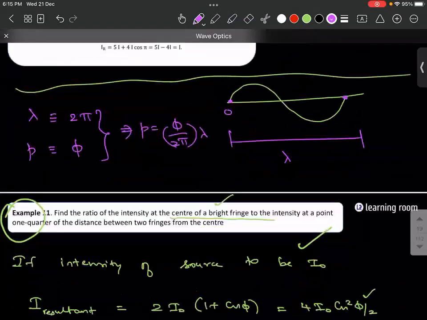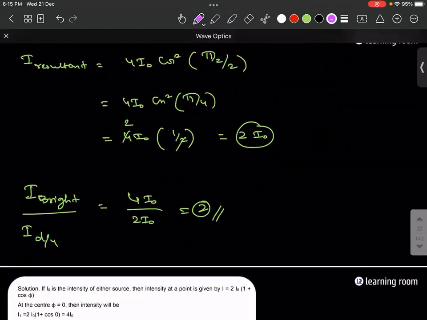Now tell me, according to the concept of fringe width, what will be the path difference between two successive bright spots or two successive dark spots? Between two successive bright fringes, what is going to be the path difference?